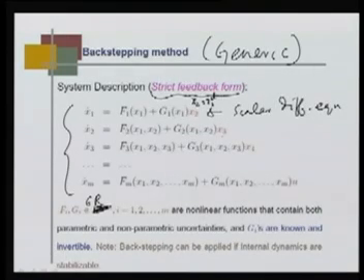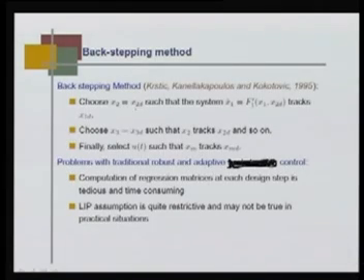Then I find x3 equal to x3d, the virtual control action such that the second subsystem along with the first one is stable, and so on. So choose x2 equal to x2d such that the system x1 dot equal to f1 hat (x1, x2d) tracks x1d. Similarly, choose x3 equal to x3d such that x2 tracks x2d, and so on. Finally, select the control action u such that xm tracks xmd.